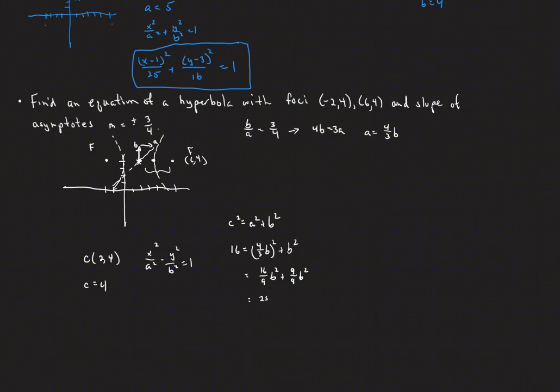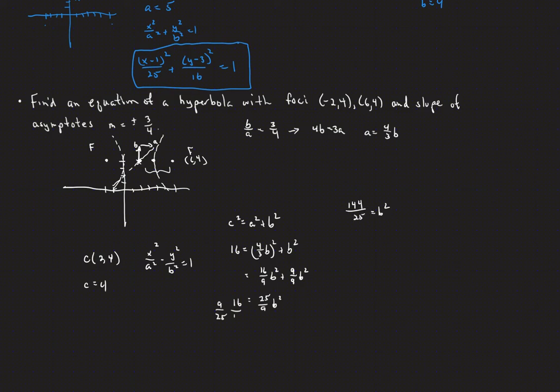So that's going to be 25/9 b squared is equal to 16. So I'm going to multiply by the reciprocal, and so that's going to get 9 times 16 is 144 over 25 is b squared.